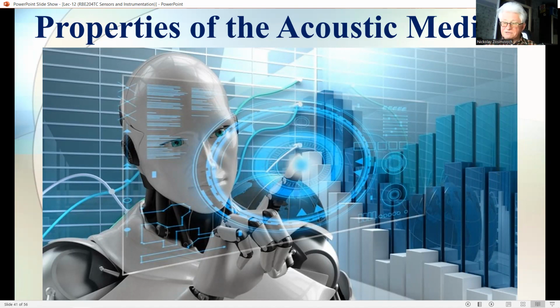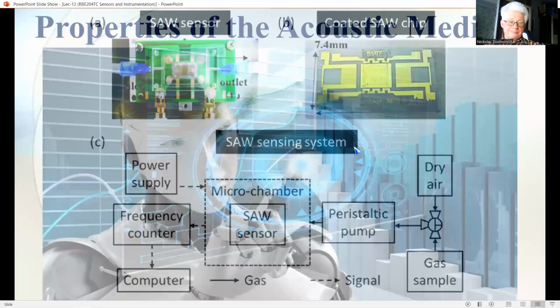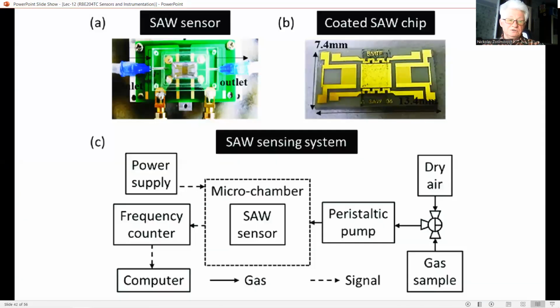In shear waves, the motion is perpendicular to the propagation direction. Some sensors utilize surface acoustic waves, SAW, surface acoustic wave sensing. An absorbing substance is deposited on the surface of a device on which the waves are traveling.